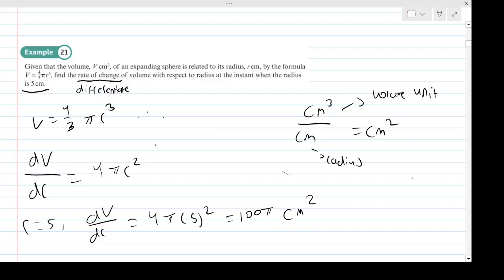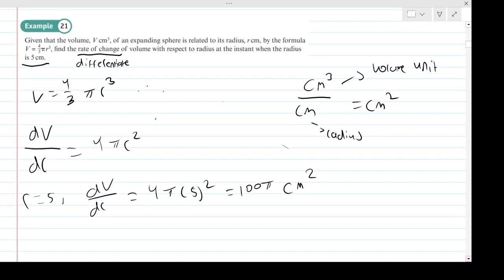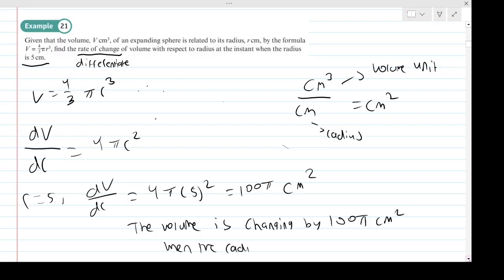Okay, and that's it. So if I were to interpret it, I don't have to write this, but to help, that tells me the volume is changing by 100 pi centimeters squared when the radius is 5 centimeters.